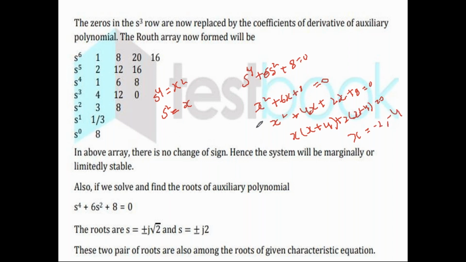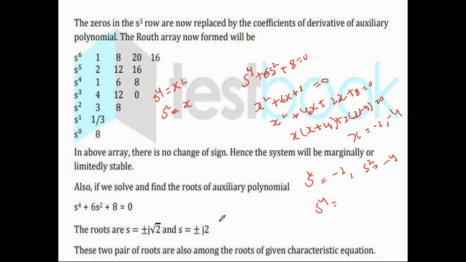Now if you substitute in this s square term, okay na, s terms to substitute చేస్తే s square equals to minus 2 and s square equals to minus 4 and s power 4 equals to squaring on both sides. So you will get square root. Okay na? So ఇక్కడ s square అయిపోతుంది, square root వస్తుంది.